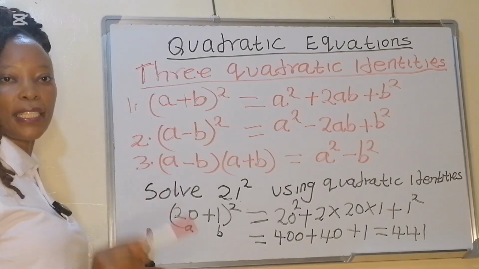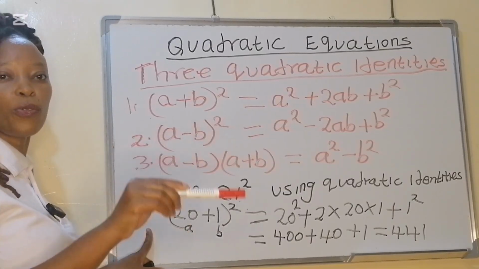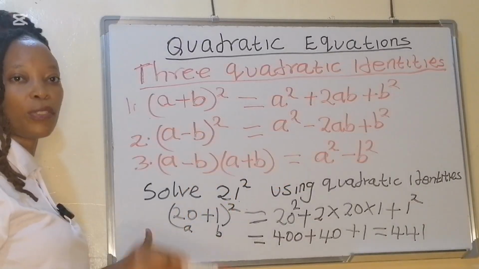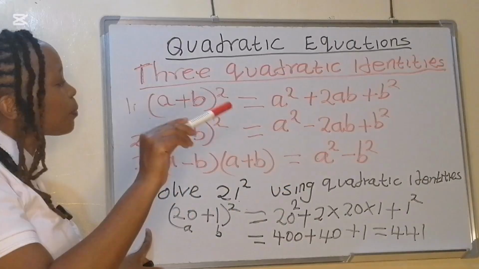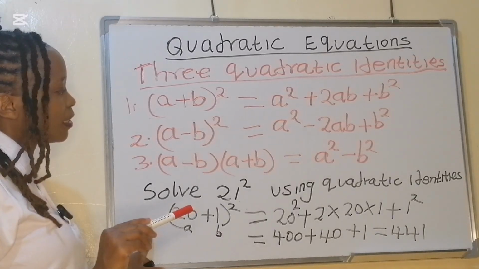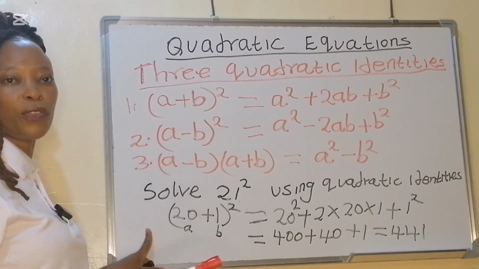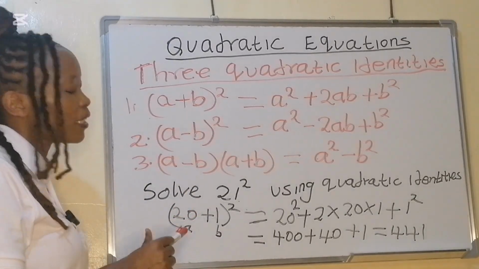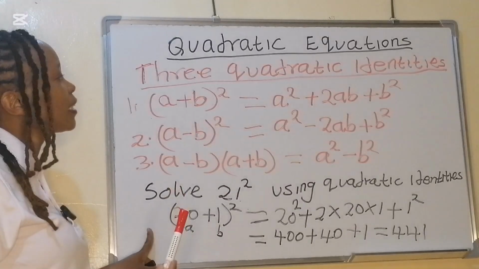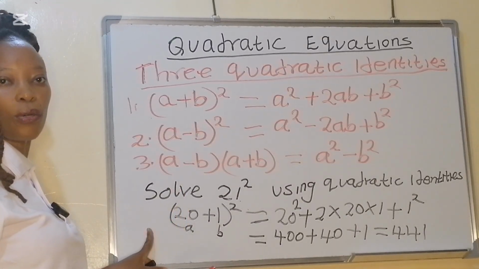I have told you the whole procedure and how you should go about it. Don't be confused, and don't go straight away to a calculator. You only need to know quadratic identities and you are good to go.